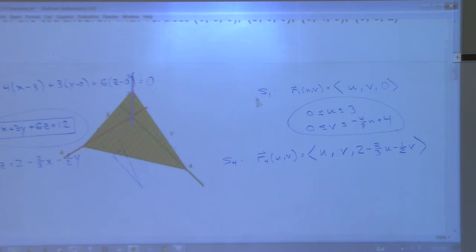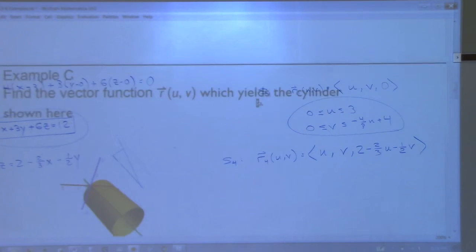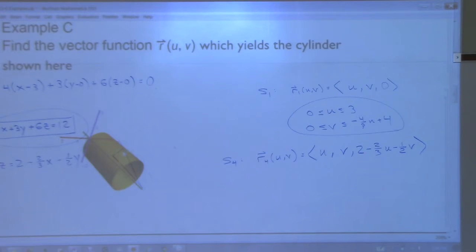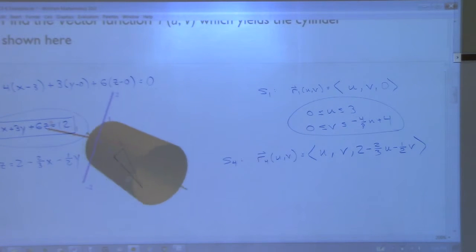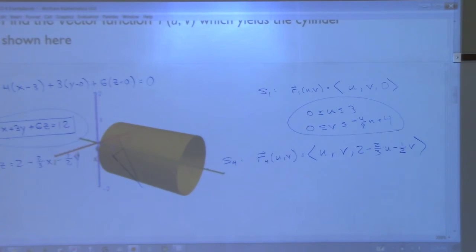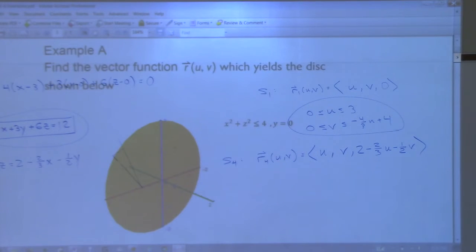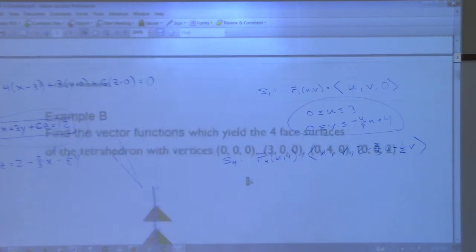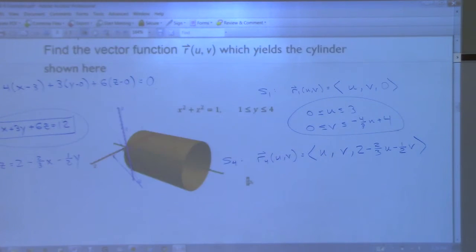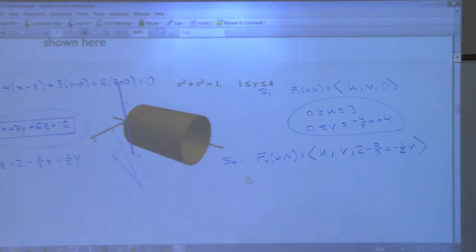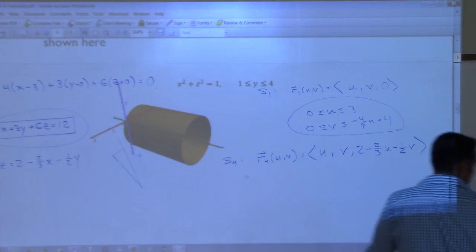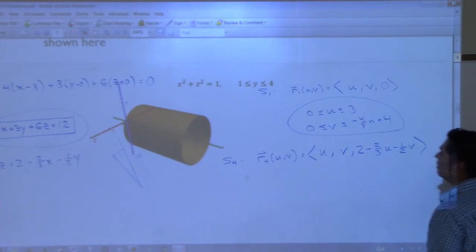Let's go for one more. We want to draw this cylinder. And I think I gave you a little more detail in yours, right? I gave you the equation of that cylinder, and I gave you some restrictions on the y.